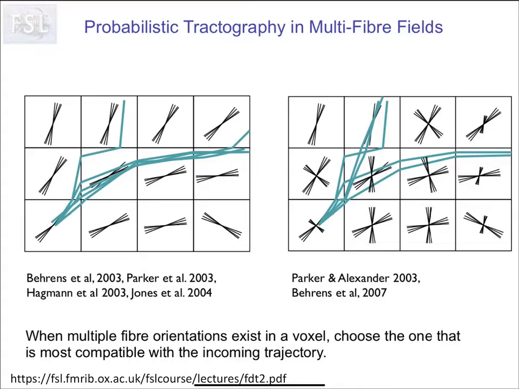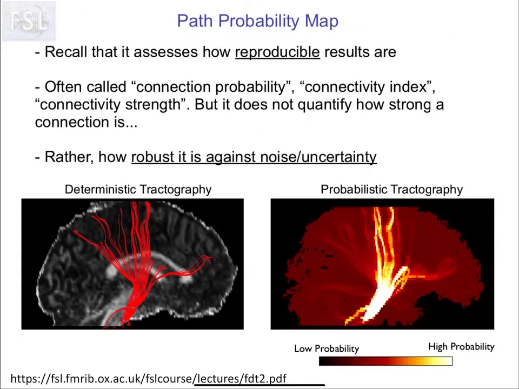So there are some assumptions built into it, but in general, it's just trying to admit that there is uncertainty in the data. And so what it comes up with now is, for every tract and every position, a probability of whether there's a tract there or not. So instead of just saying here are the tracts, it's saying this is how probable that tract is.